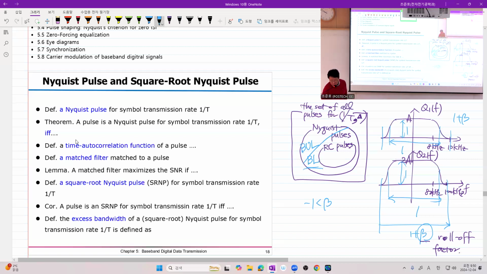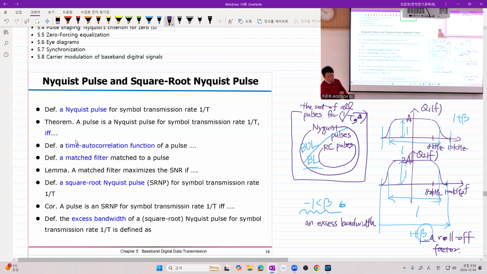But if band limited, you have some finite beta, and this beta is called an excess bandwidth. So the roll-off factor of a raised cosine pulse is a special name for the excess bandwidth of a band-limited Nyquist pulse.